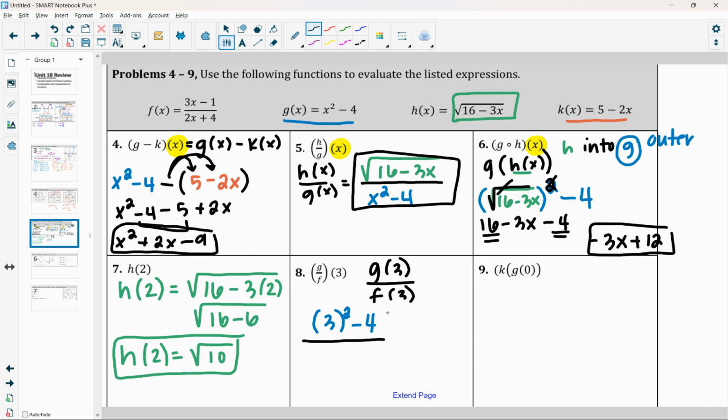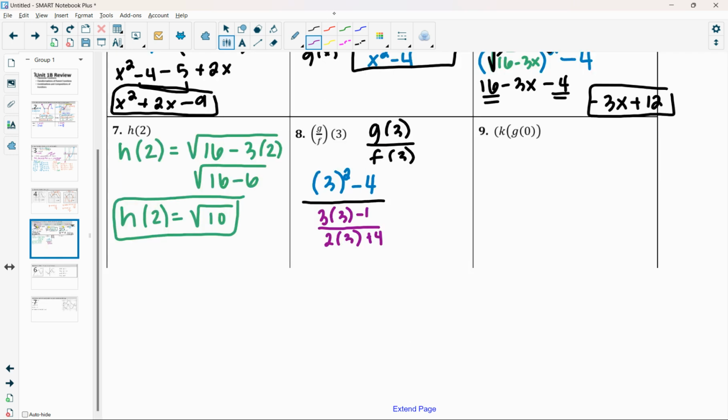And then on bottom, we're plugging 3 into the f function, which has a fraction in it also. So we're doing 3 times 3 minus 1 over 2 times 3 plus 4.